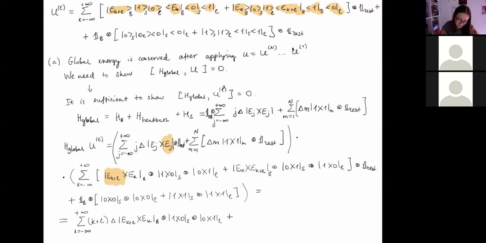Okay, now let us look at the second term. Now we're going to multiply this EJ with the EK here.